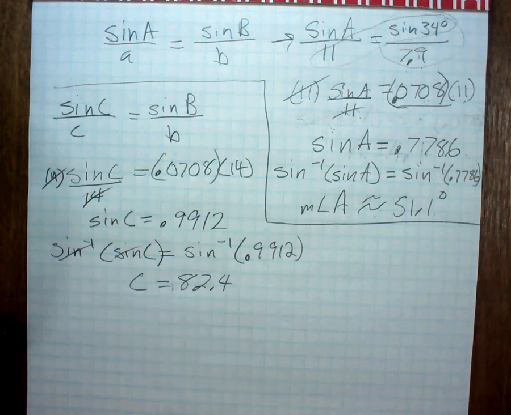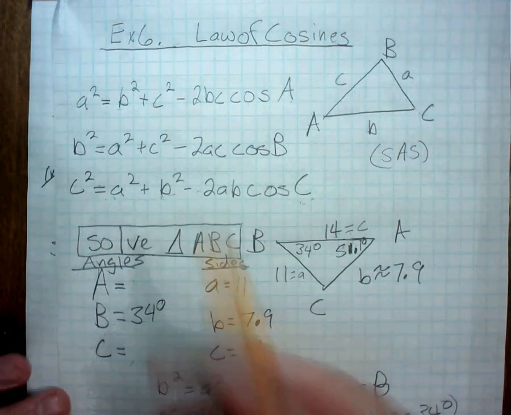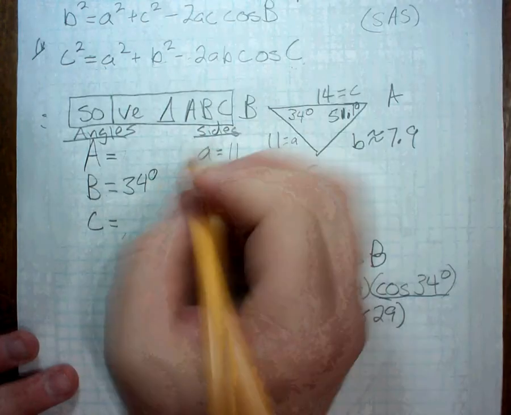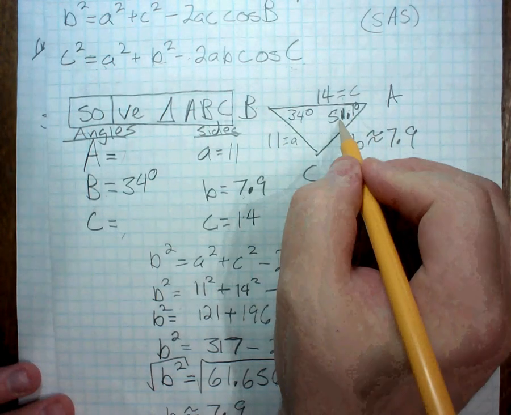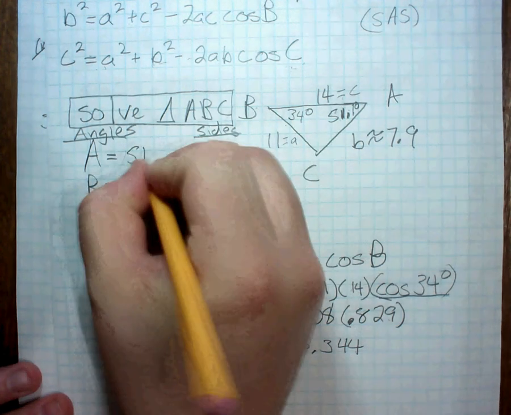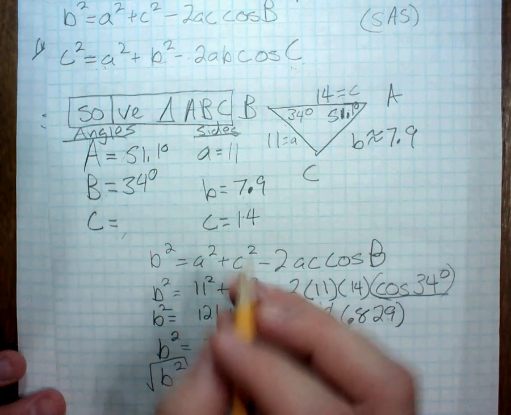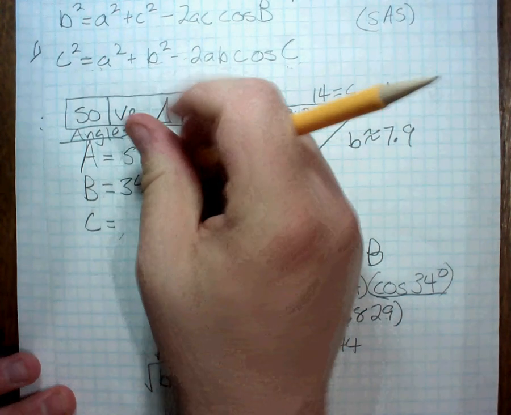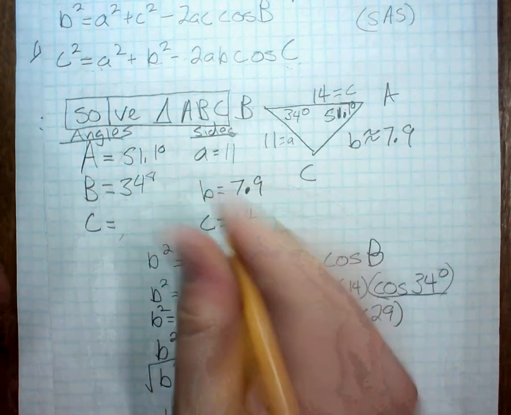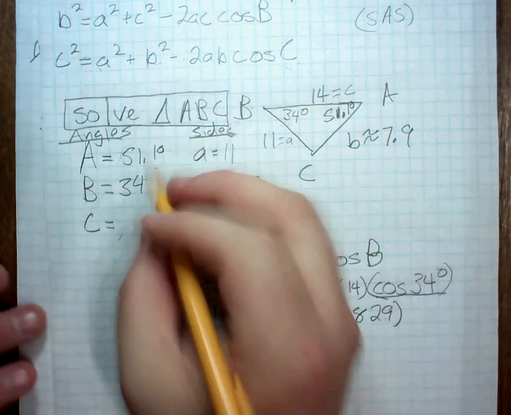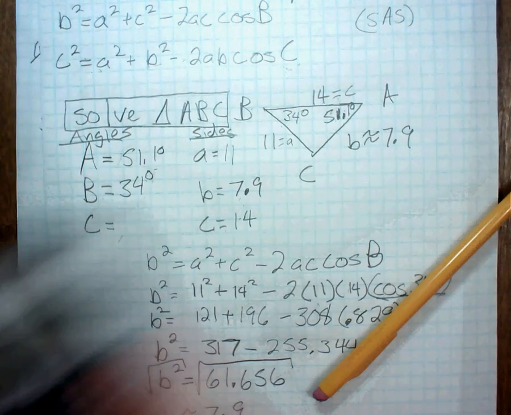So what concerns me is I've got angle A is 51.1 degrees, and then angle B is 34 degrees. And if you add those up, it might not be that bad.